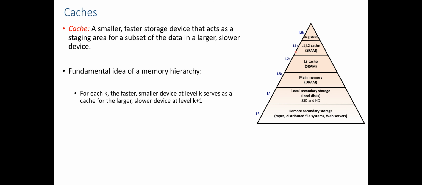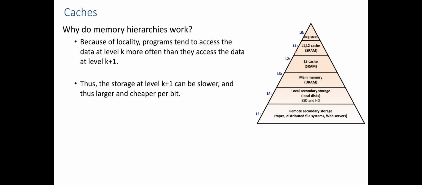And so why do these work in our case? It's all because of this notion of locality that I went over in the previous presentation. Programs tend to access data at level K more often than they access the data at level K plus 1, if those programs exhibit locality.